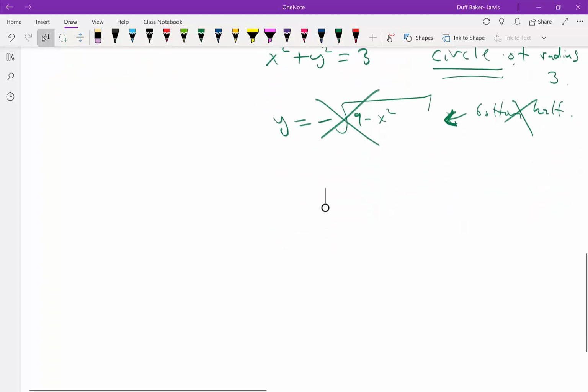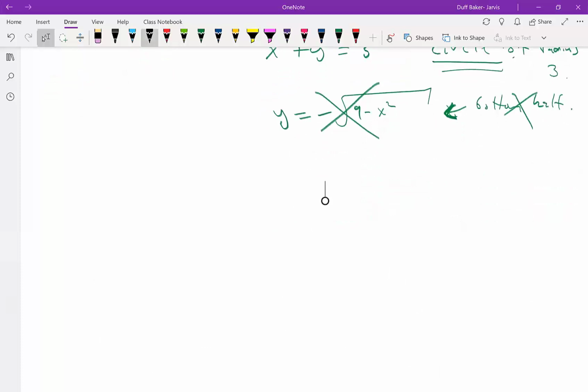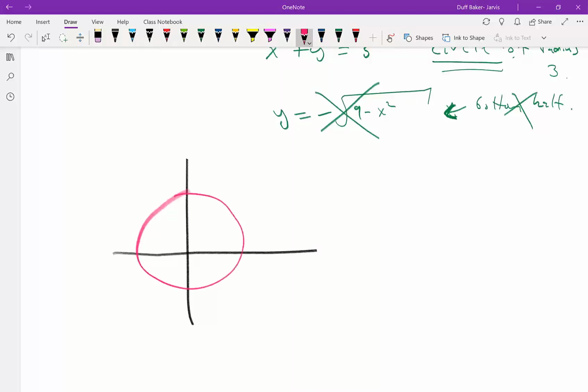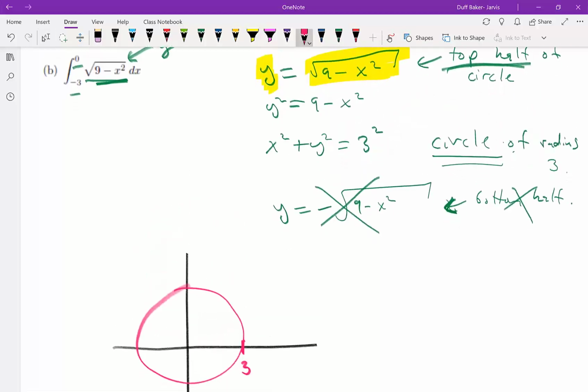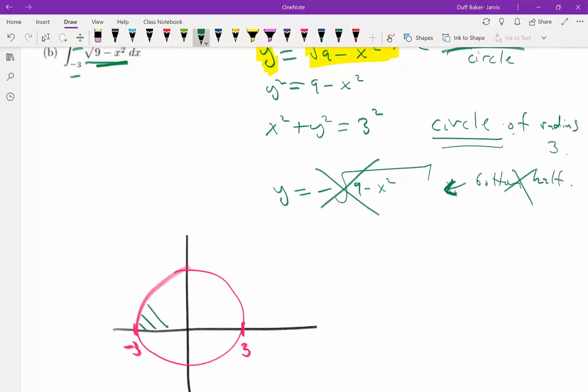So if we draw a picture now, just draw a crappy circle. So let's imagine we have a circle of radius 3. We wanted the area under the top half, just the top half, between -3 and 0. So -3 is over here. So really that just means I want this part.